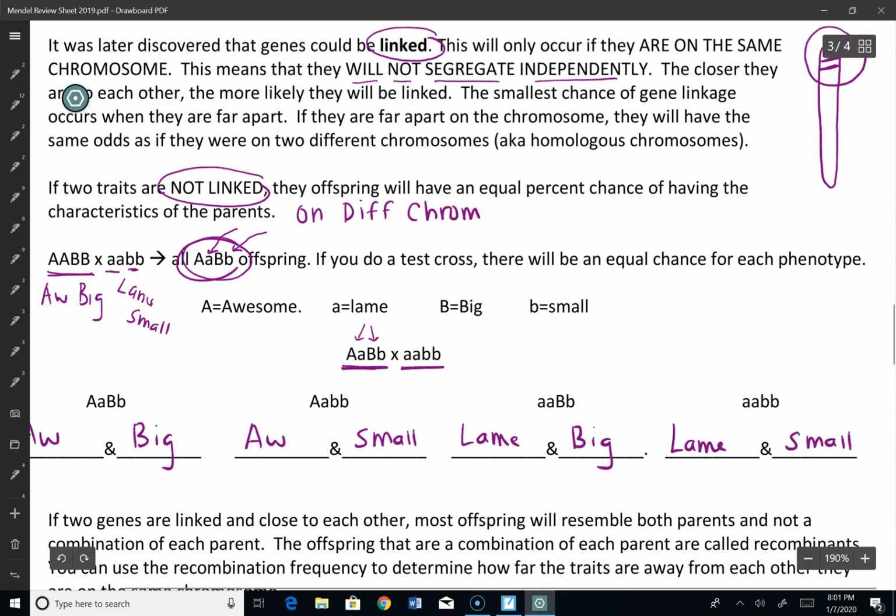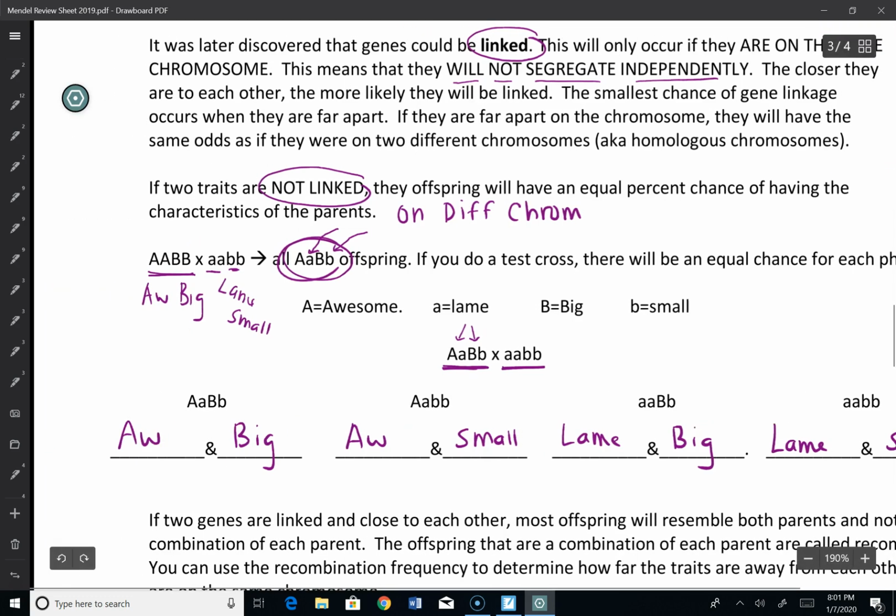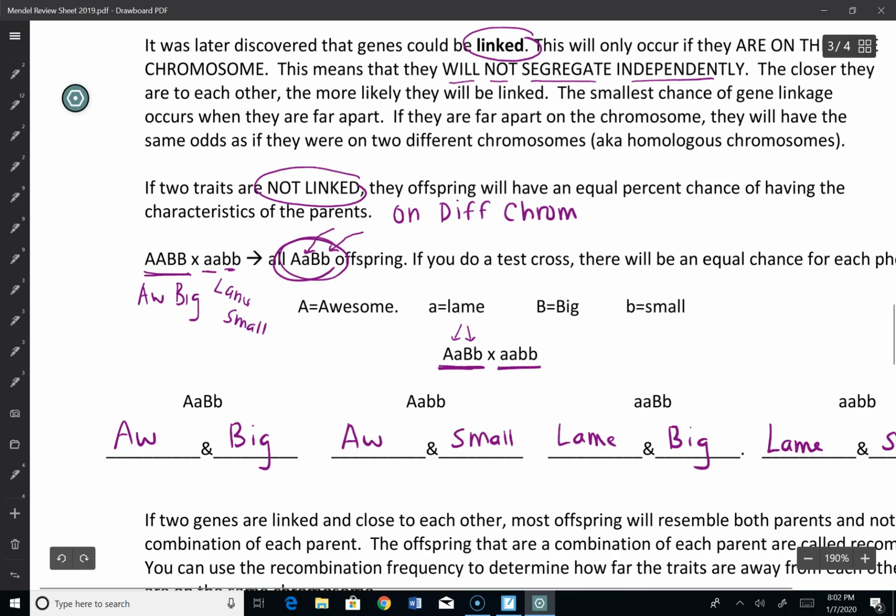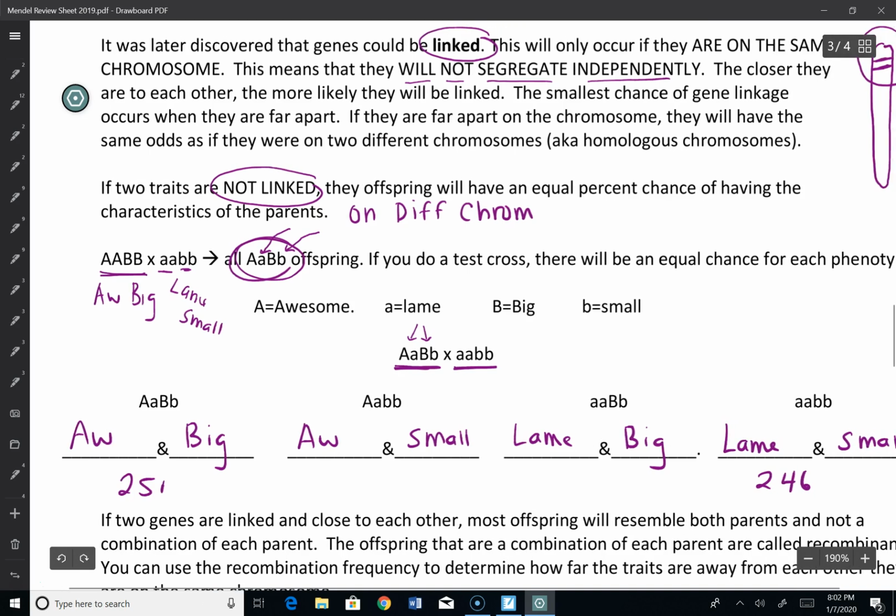Now, if these genes were linked, that means they were on the same chromosome near each other. Most of the offspring, I'm going to make up a number, 251 offspring, and let's say 246 offspring are going to resemble each parent. These guys are what are known as recombinants.